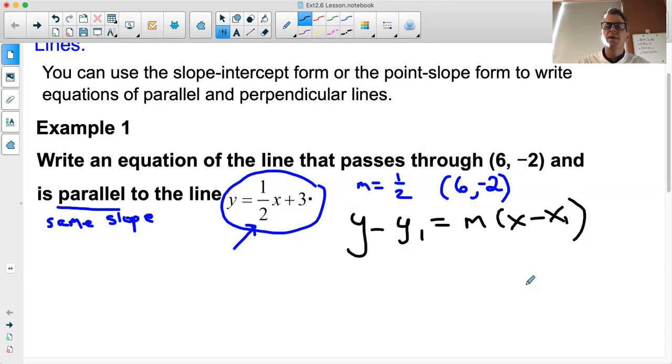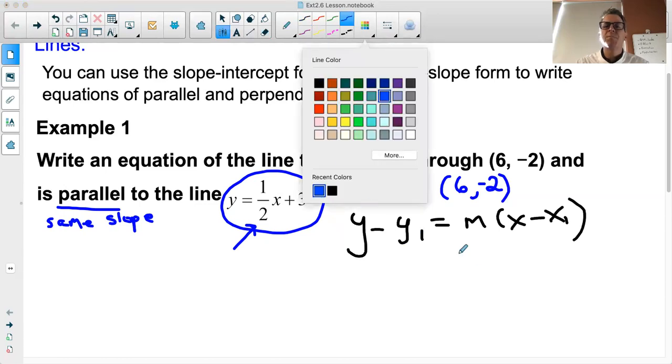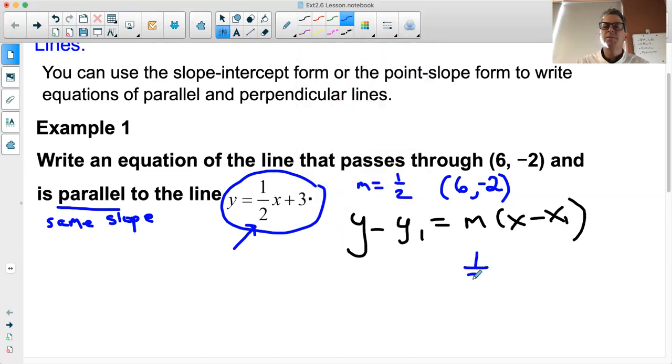Okay. All right. So looking at this, we've got the slope here, nice tidy slope of 1/2. So we could put that in there, 1/2. And then in this area here, we've got y minus the y from the point, which is -2.